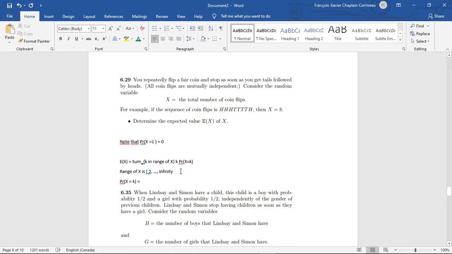So if x is equal to k, what needed to happen? It means that I flipped a bunch of coins, and then on my kth toss, I got head, and on the k minus 1 toss, I got tails. But then do I know something else?